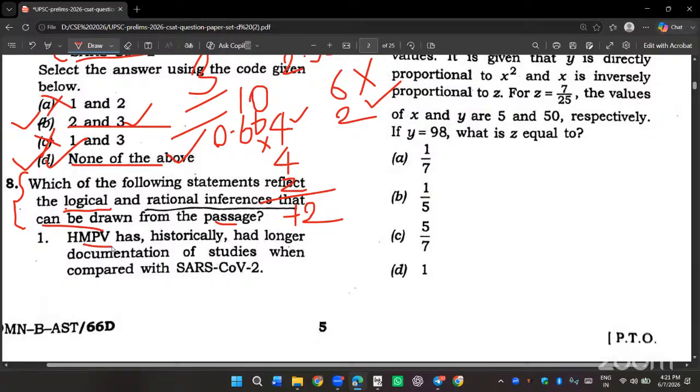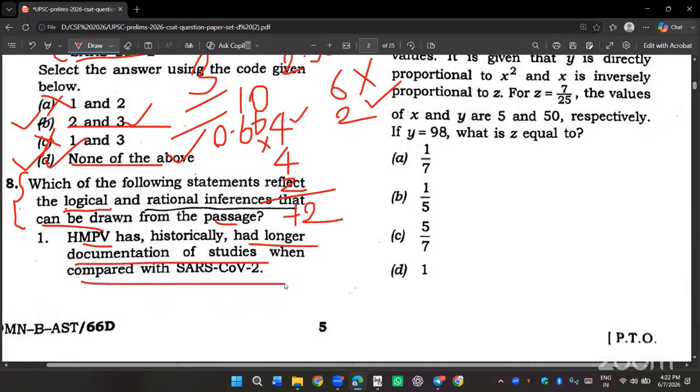Now, HMPV has historically had longer documentation of studies when compared to SARS. Whether this statement is correct or not, this is your own inference. Yes, correct. How?